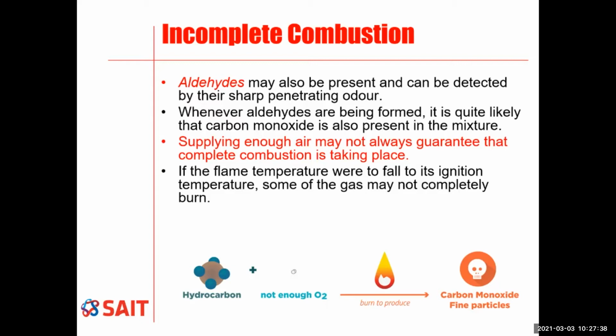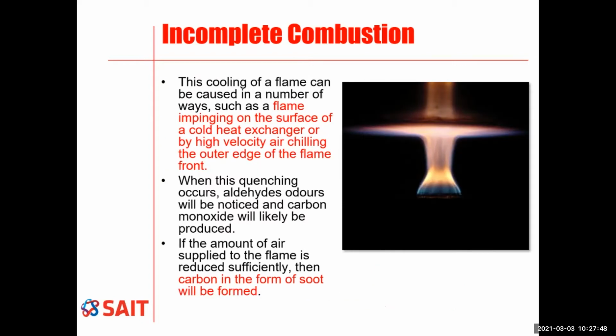Okay, so supplying enough air may not always guarantee that complete combustion has taken place. So we kind of want to see that flame for the most part. And there we go. You see this flame? It's touching this metal up here. This is called impingement. When the flame is impinging on another piece of metal or whatever it is, it means it's touching it.